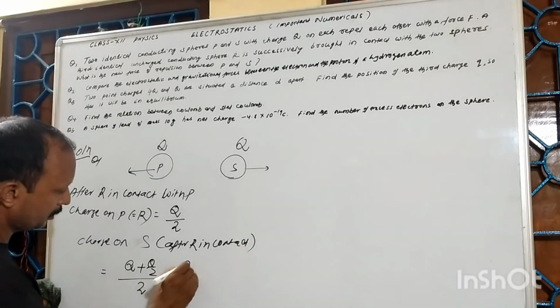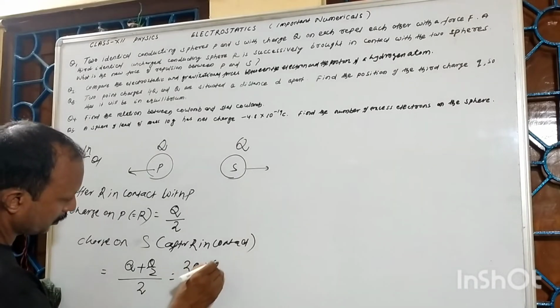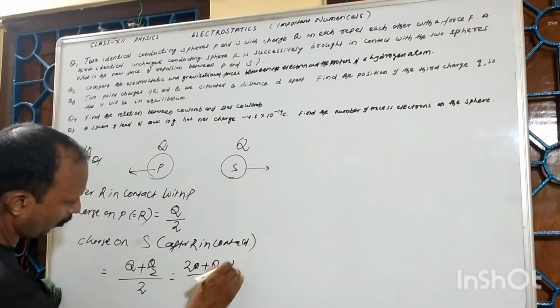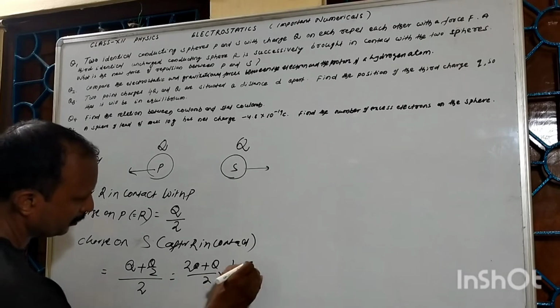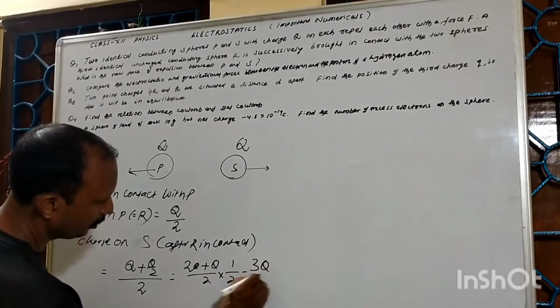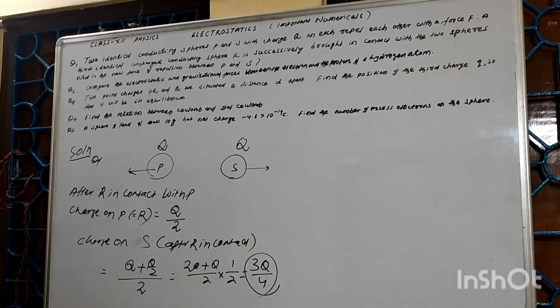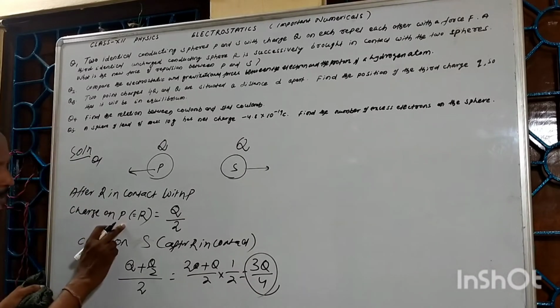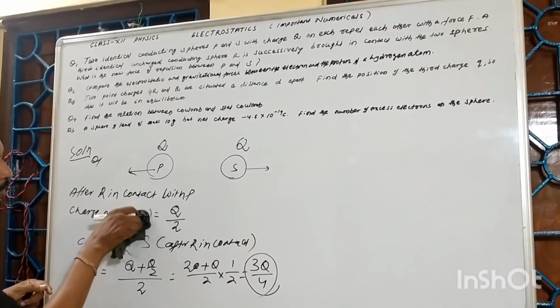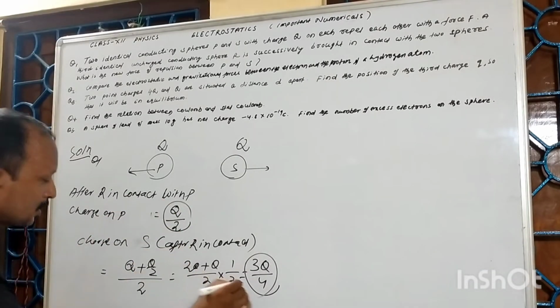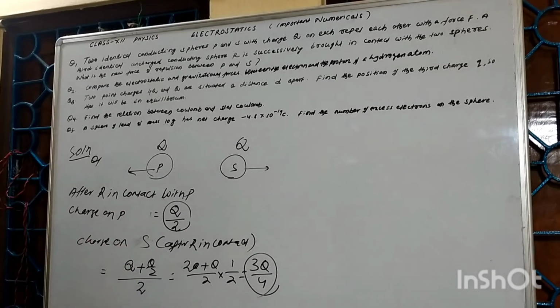So I can say that (Q plus Q upon 2) into 1 by 2, that means 3Q divided by 4. This is the charge on S, and Q by 2 is the charge on P.